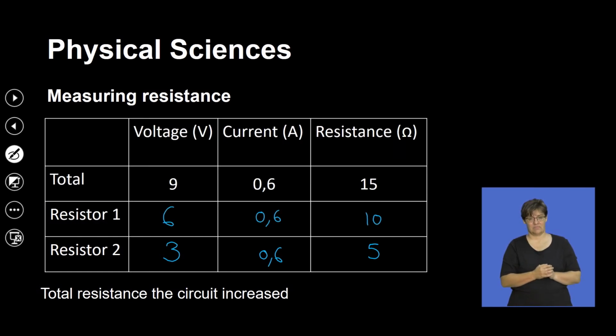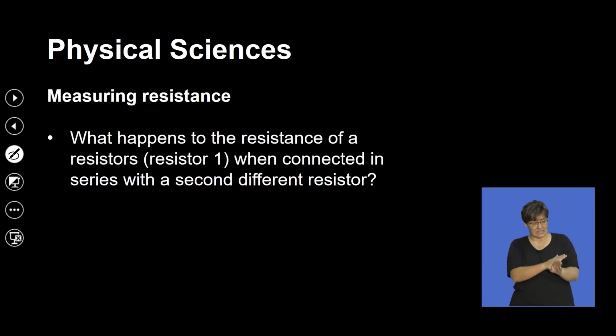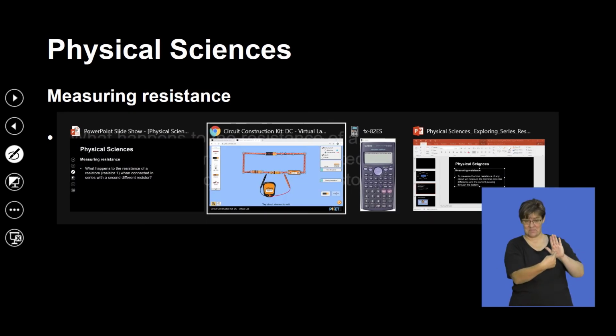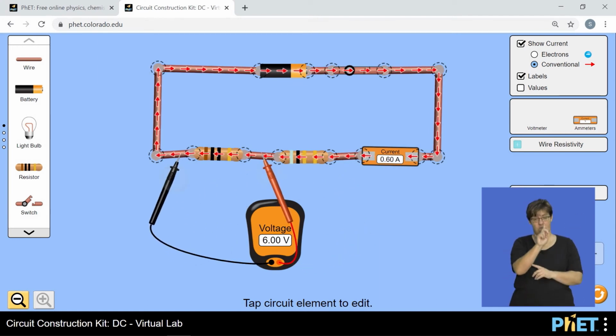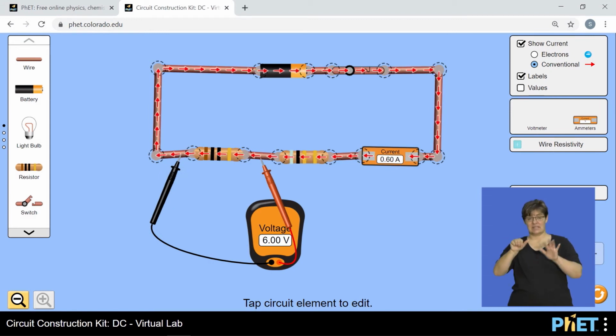Now, what happens to the resistance of resistor 1 when connected in series with a second, different resistor? We realize that the resistance of R1 doesn't change, because if we go back to our simulation and calculate the resistance of R1, we've got 6 volts over 0.6 amperes.